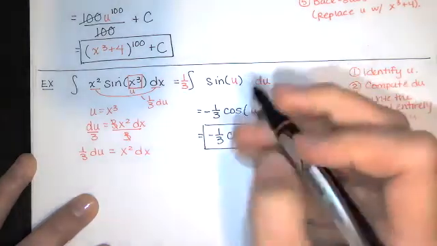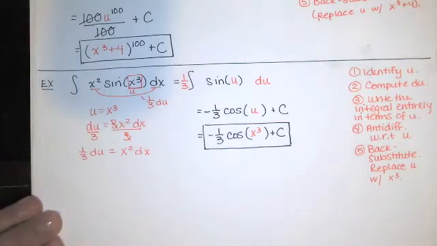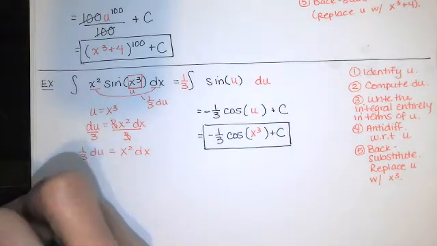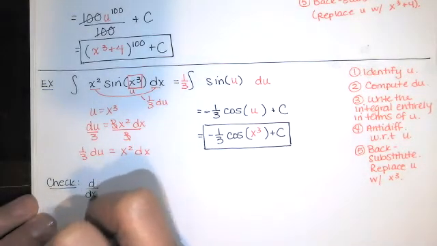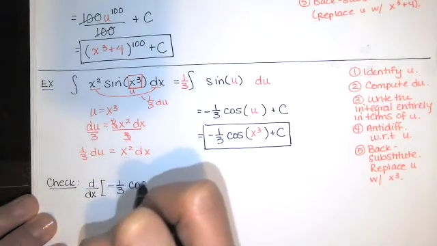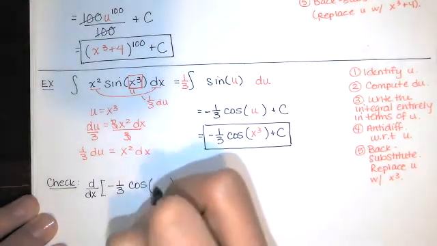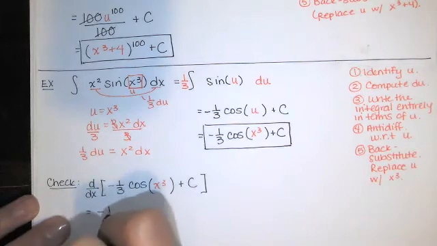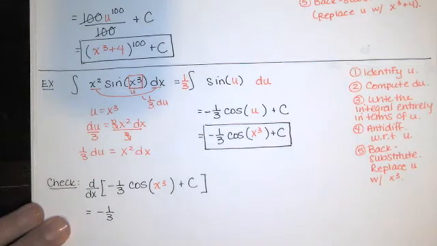You don't have to do this, but when we're practicing, it's good to check, at least for the first few. Remember, you can always check your answer by differentiating the result. So we're taking the derivative with respect to x of negative 1/3 cosine of x cubed plus c. So we bring the negative 1/3 down, and then we take the derivative of cosine of x cubed.